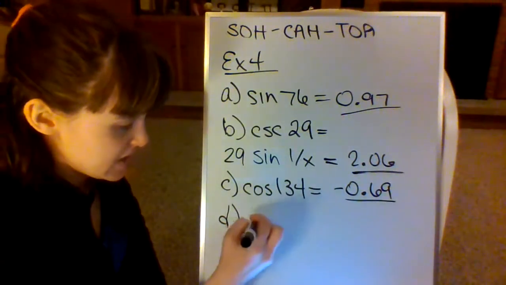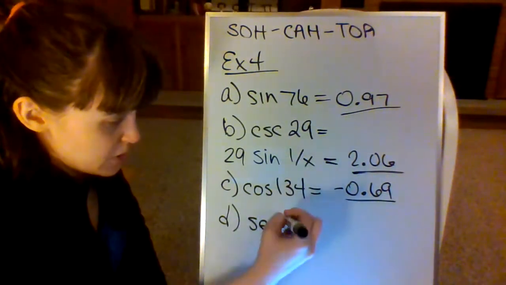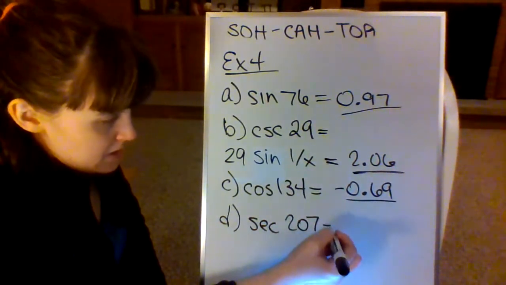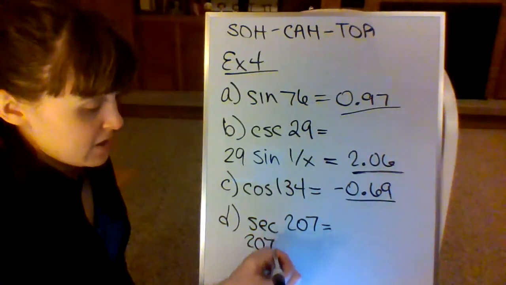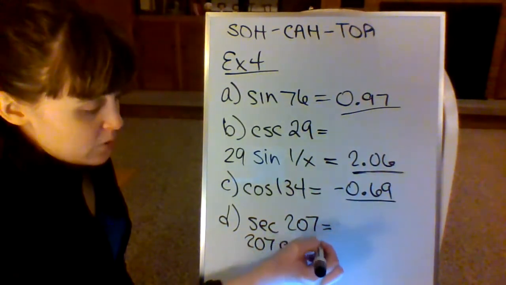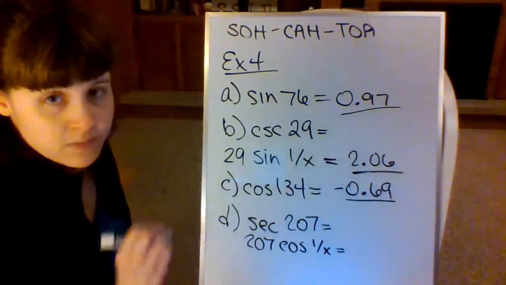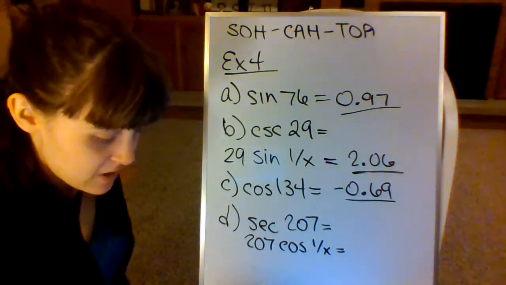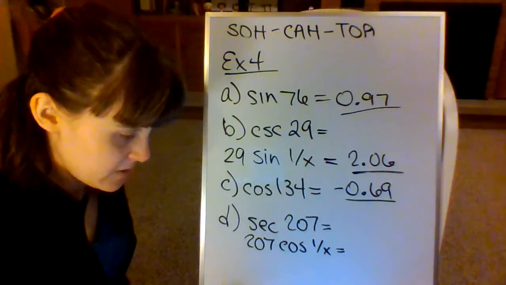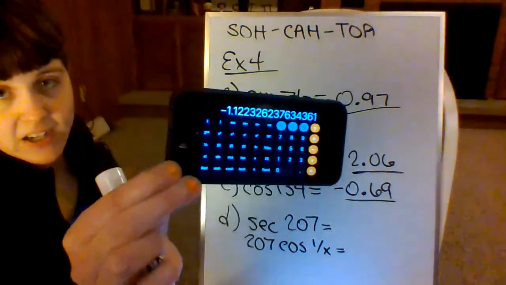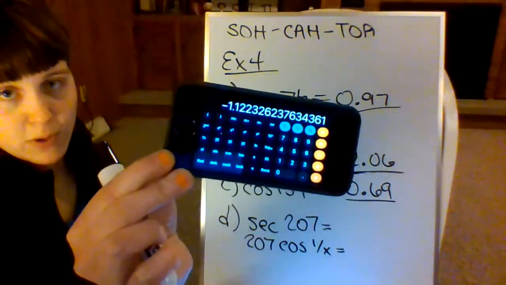Okay, part D says secant of 207. So to get this, we're going to do 207 cosine 1 over x. Okay, so 207 cosine 1 over x, and I got negative 1.12.